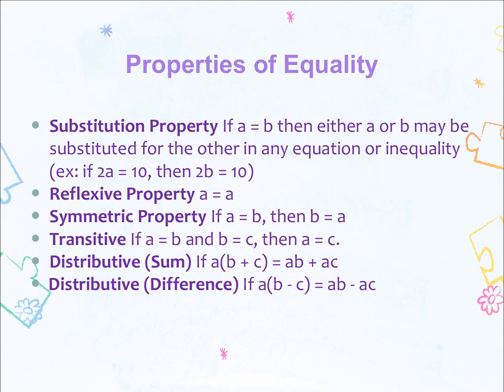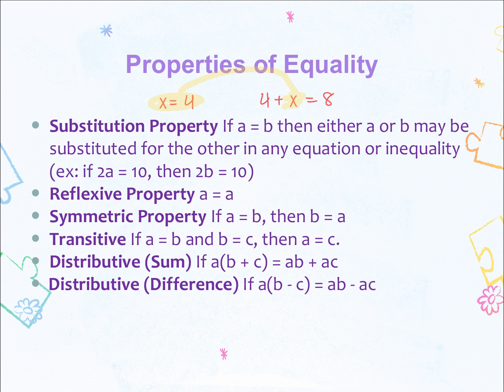All right, some more properties of equality. We have substitution, meaning if I have x equals 4 and I have 2 plus x equals 8, I'm substituting my 4 for my x. So just writing that down because it sounds a little weird. If I had x equals 4 and I have 4 plus x equals 8, all I'm doing is taking this and plugging it in for my x, okay?